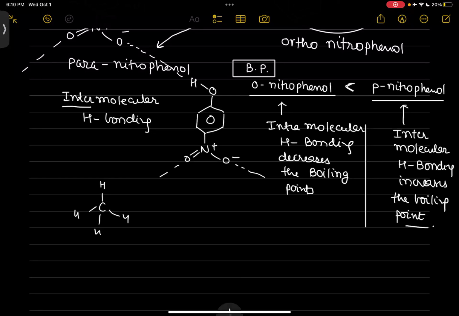The hydrogen atom connected to fluorine, oxygen, nitrogen. They are the most electronegative elements. Only they can participate in hydrogen bonding. Got it? In most of the cases. Clear? Intermolecular hydrogen bonding increases the boiling point as well as it increases the water solubility. Clear? Yes, sir.